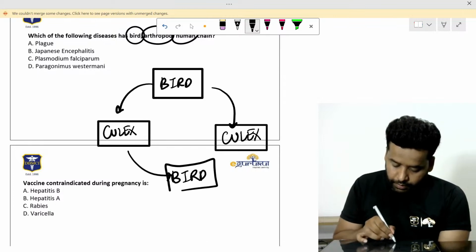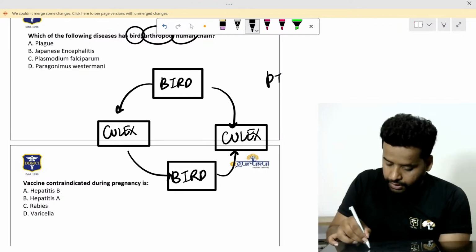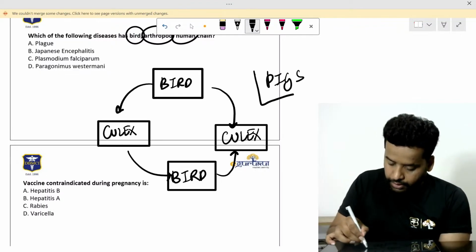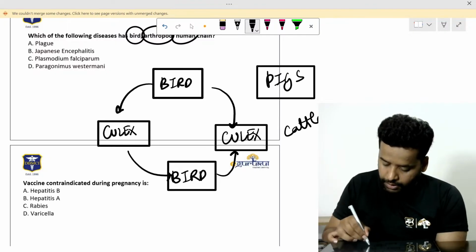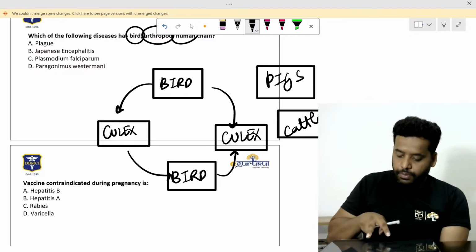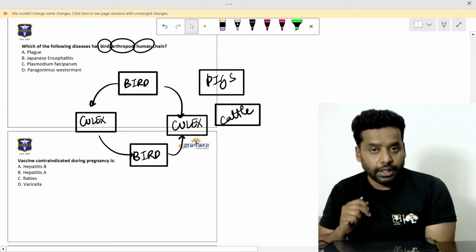Pigs come in between, and pigs will be the amplifier. Cattle will attract the mosquitoes, so cattle are the attractant.